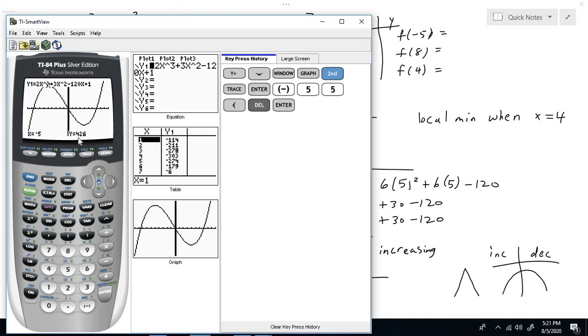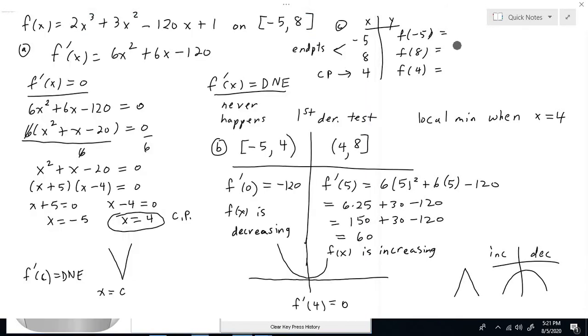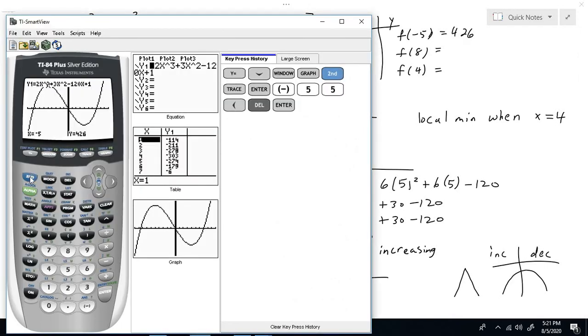So you get 426 out. Okay? And then I'm just going to do this again, go back to calc, and then value, and then plug in 8 for x, and you get 257 for y.